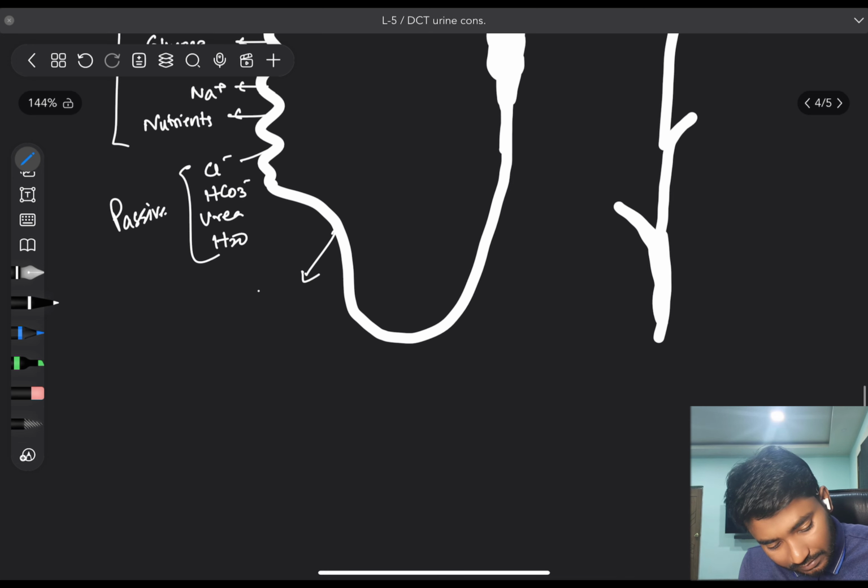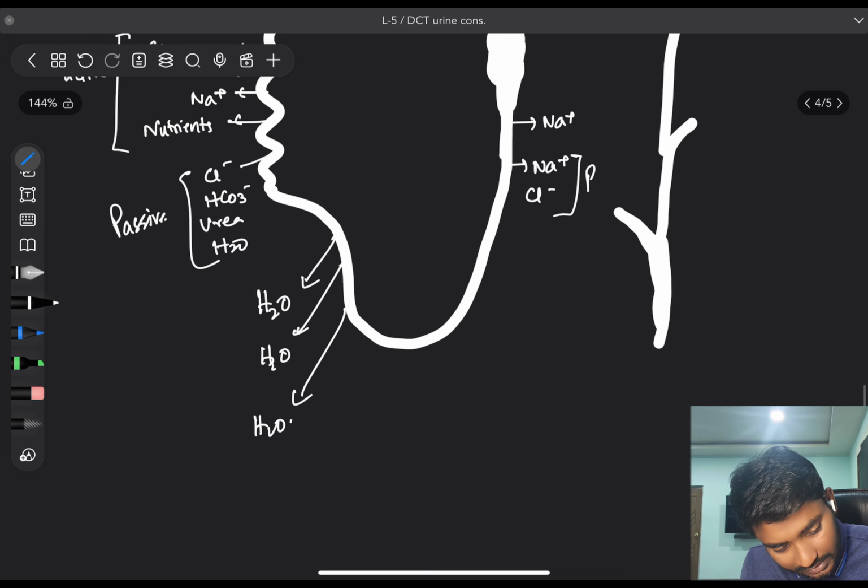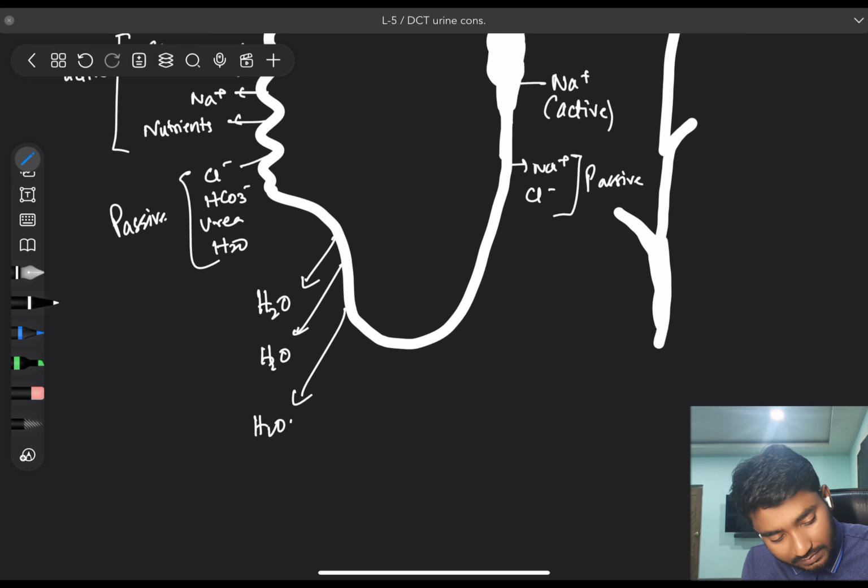Okay. In the descending loop of Henle, reabsorption of water happens. Here in the active reabsorption, in the ascending loop of Henle, sodium and chlorine. Sorry, in the ascending loop, and here in the DCT, reabsorption of sodium is an active process.